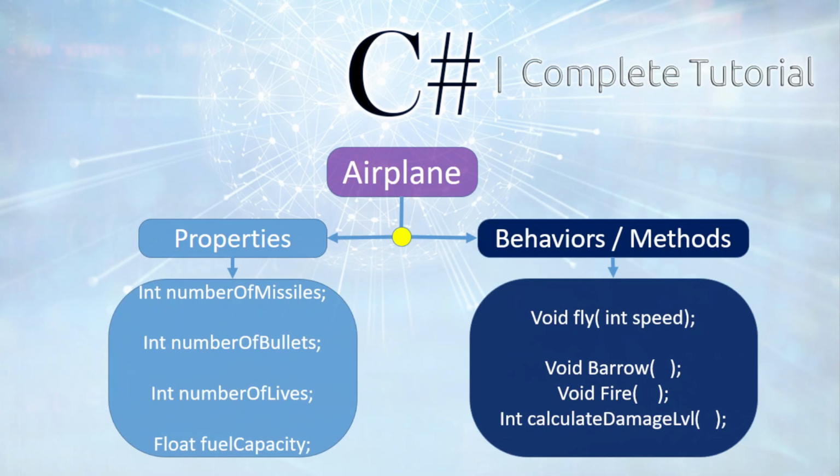So let's see in this example, we have, in a game, an environment, and within that environment we have objects such as an airplane. The airplane would be for the player and also for the enemy airplanes that are combating the player.